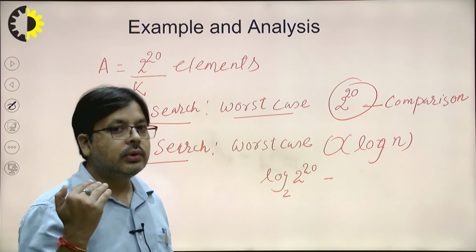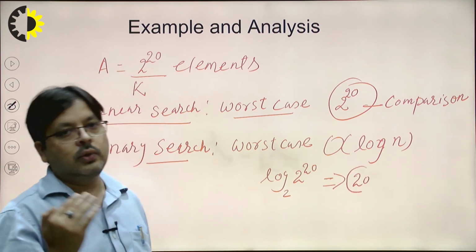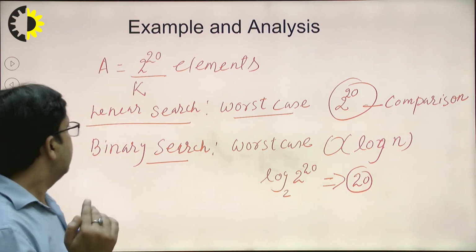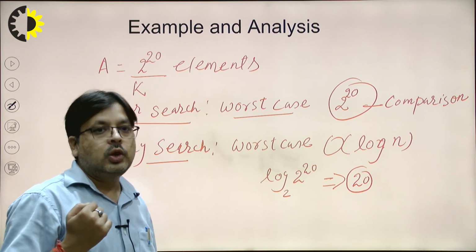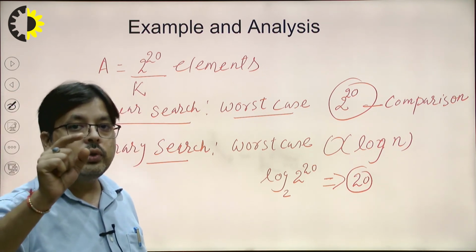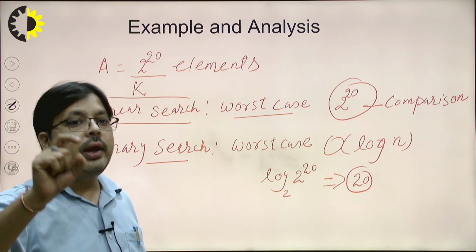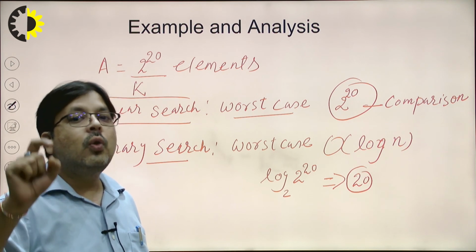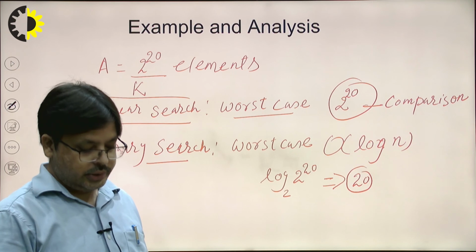You find the desired result in the worst case with only 20 comparisons. So this is the power of binary search. You may see the huge difference. In linear search, you use 2 to the power 20 comparisons to find a particular element, and in binary search you need only 20 comparisons.